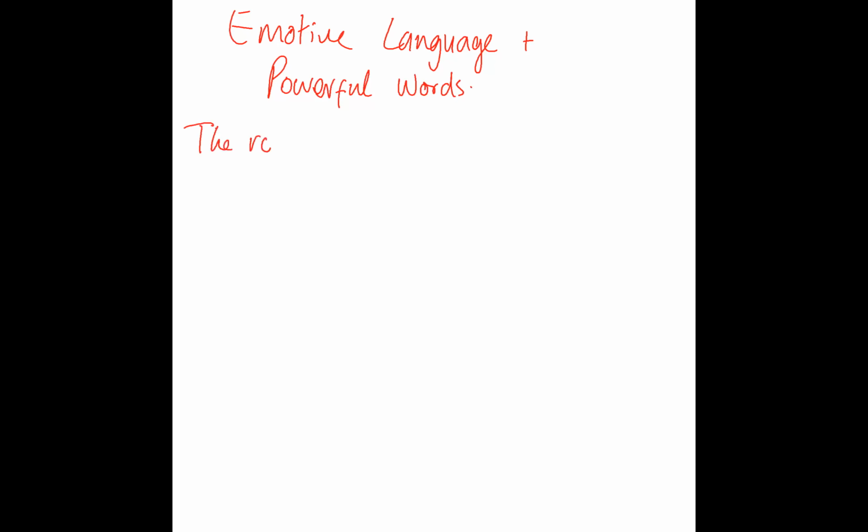So what role do powerful words play in our persuasive writing? So powerful words are words that are strong and impactful. So when you see them used in writing, they are used to really grab your attention and pull you right into where the author wants you to be.